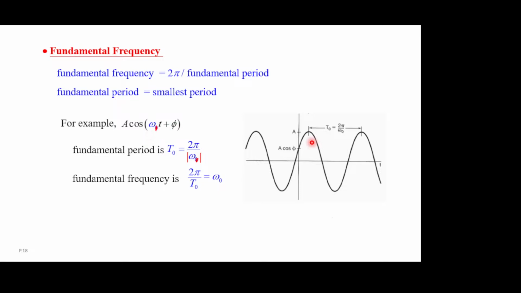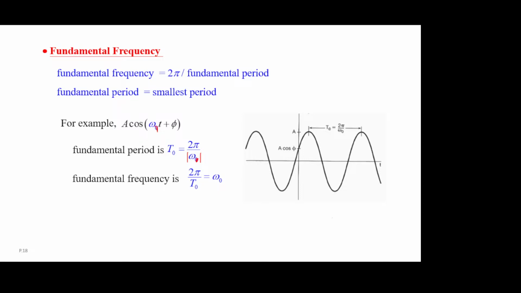So suppose we have a function a cosine of omega t plus phi here, and the fundamental period, as we showed before, T naught should be 2 pi divided by the absolute value of this omega, right?